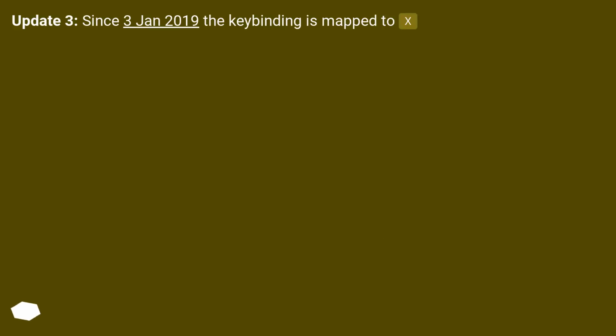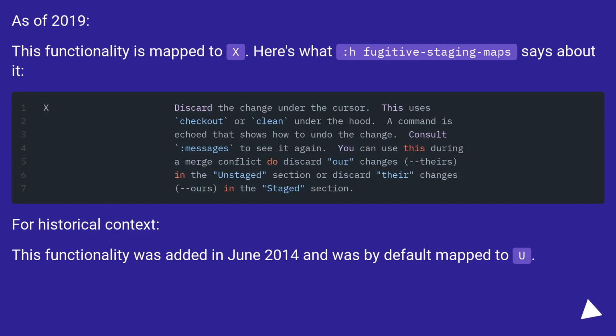Update 3. Since January 3, 2019 the key binding is mapped to X. As of 2019, this functionality is mapped to X. Here's what :h fugitive-staging-maps says about it.